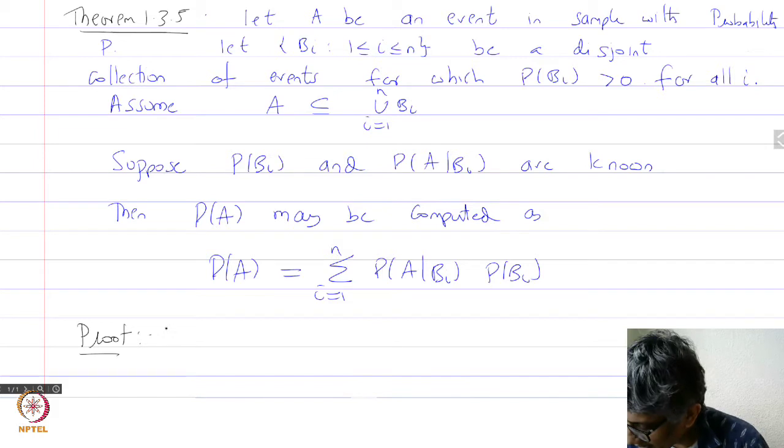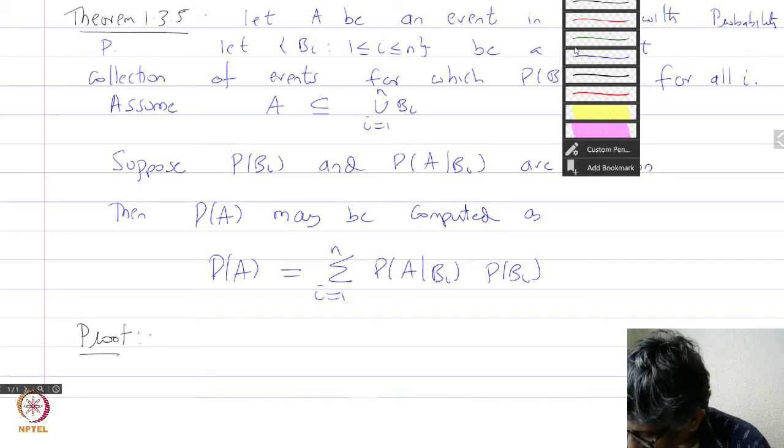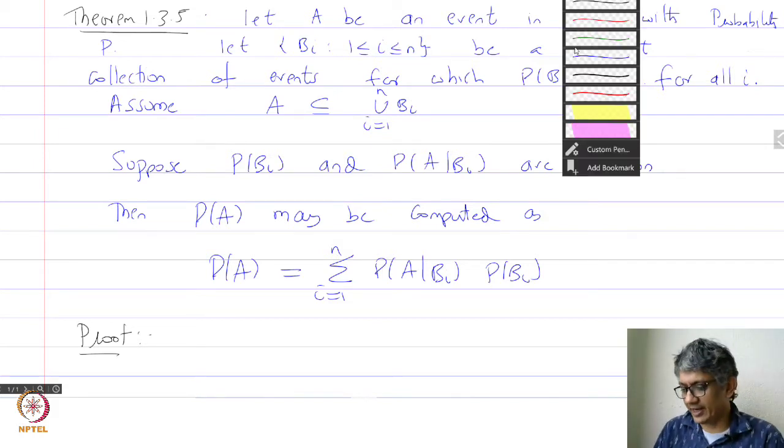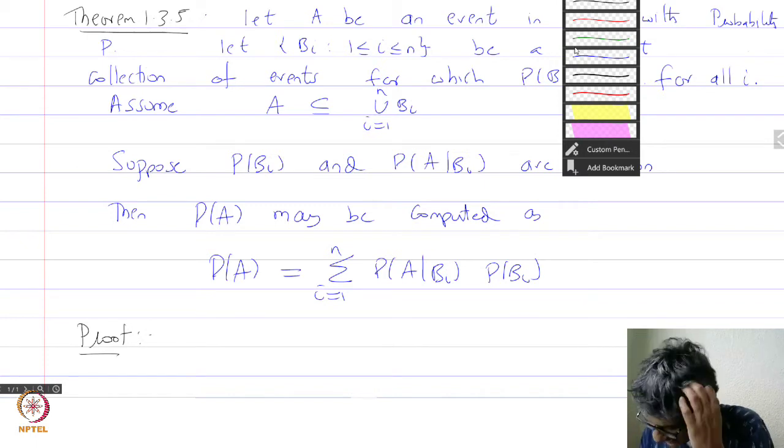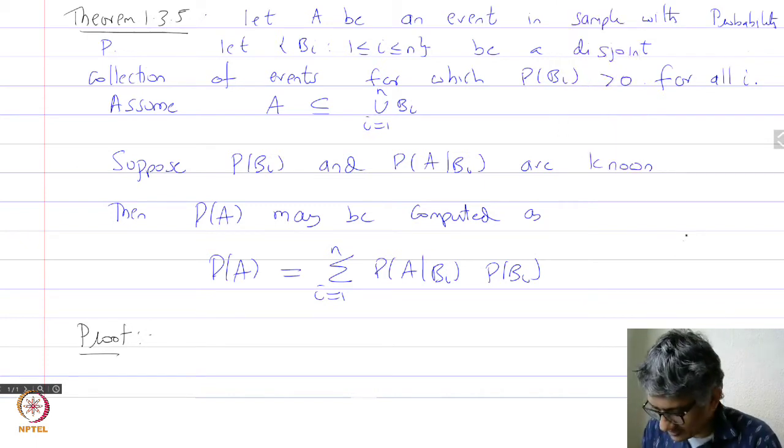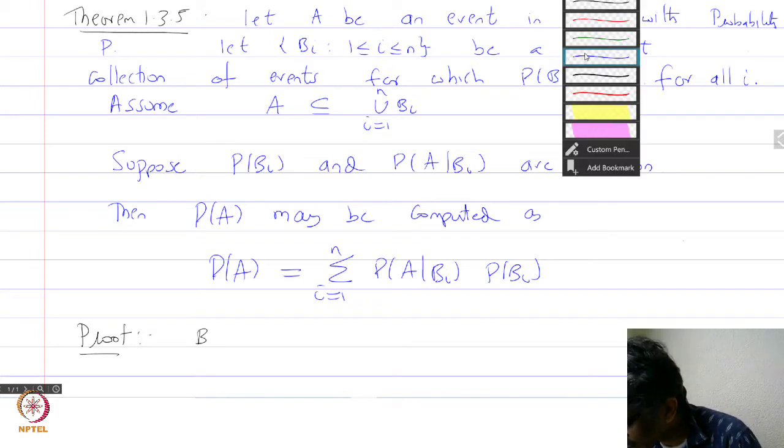So you just pause a minute and think about the case n equal to 1. It will be obvious because A is contained in B, and it's obvious from the definition. But otherwise, let's do it step by step. So all you do is, sorry about that, let me get the blue.